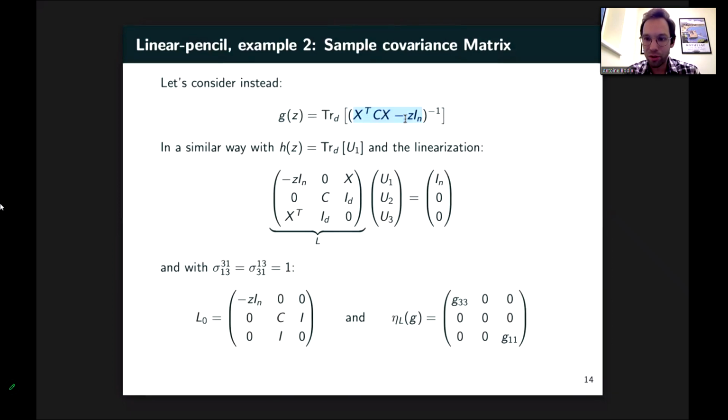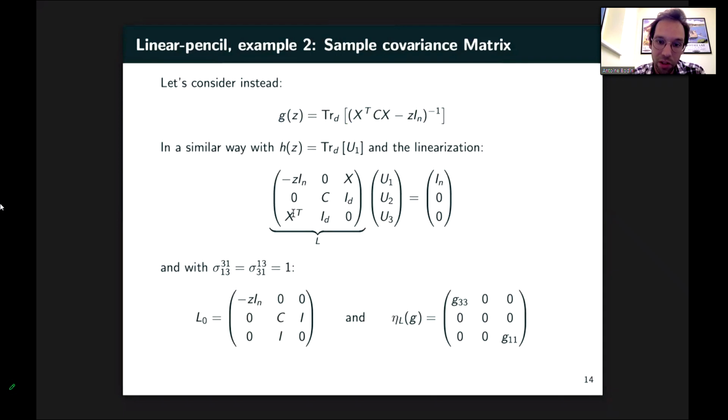So now we just rerun the same methodology. So there is L0, which is the deterministic part of your linear pencil L. So this is everything but what's random. What is random here is just X, so this is discarded in this expression. Then you define some sort of covariance structure of your random matrix.